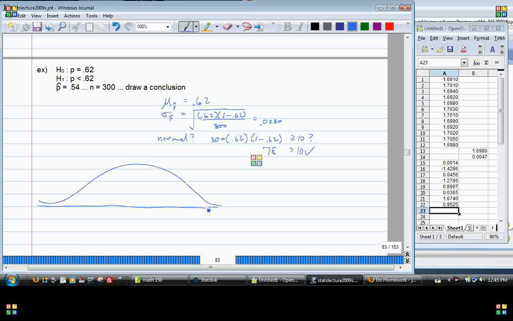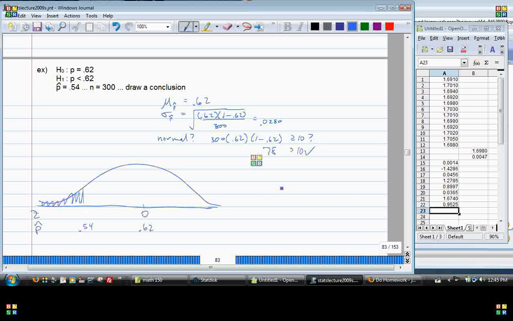So when you draw the picture, 0 in the middle for z. We've also got values for p hat. Which p hat value goes in the middle? 0.62, because that's the mean. What else do you mark off? 0.54 and shade to the left. So now we have to find the z-score.